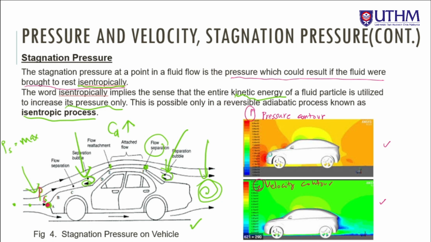As I said earlier, in the area where the flow impacts the vehicle, we can see the pressure is very high. We can see the red colour here. This is due to the effect of the stagnation pressure. Those that receive direct impact will have high pressure.